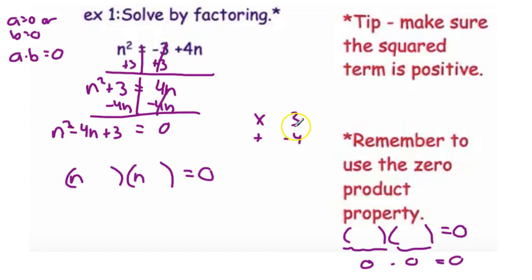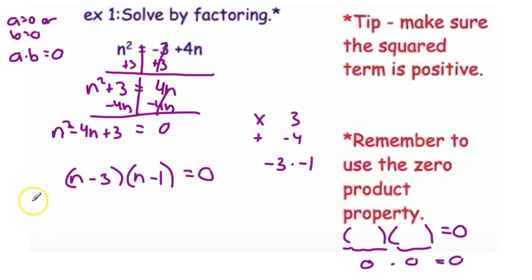Well, I know 1 times 3 is 3, and 3 plus 1 is 4, but if I want it to be negative 4, I need to use negative 3 times negative 1. So I take these numbers, put them in here, negative 3, negative 1. I can check to make sure that this will equal this quadratic. n times n is n squared, negative 3 times negative 1 is 3, negative 3n minus 1n equals minus 4n.